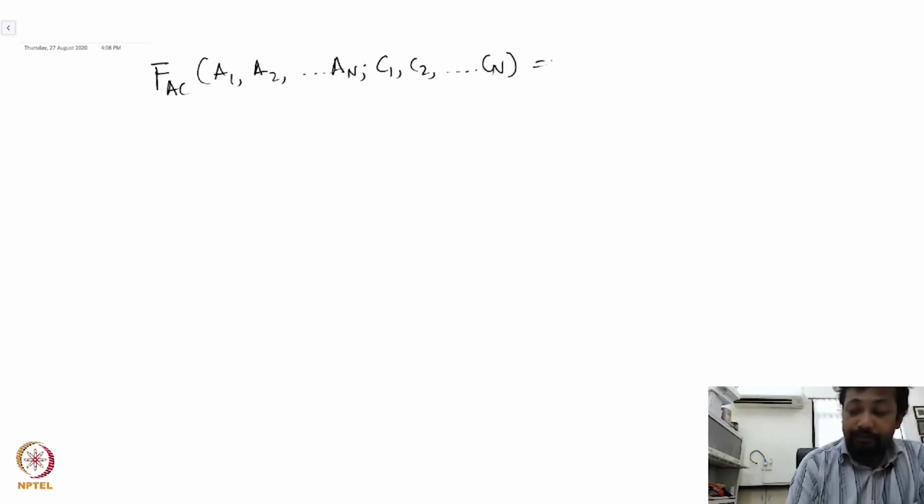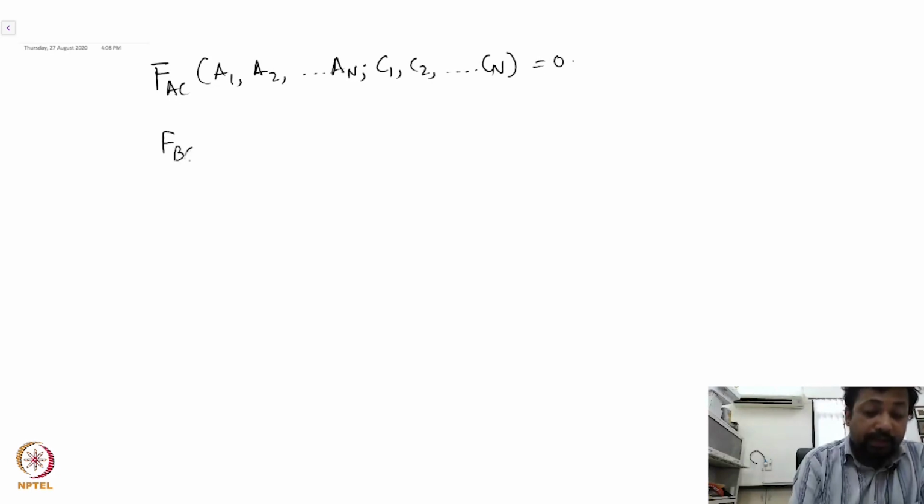So therefore, if A and C are in equilibrium, I can recast my equation in the following way: f(A1, A2, ..., An, C1, C2, ..., Cn) is equal to 0.